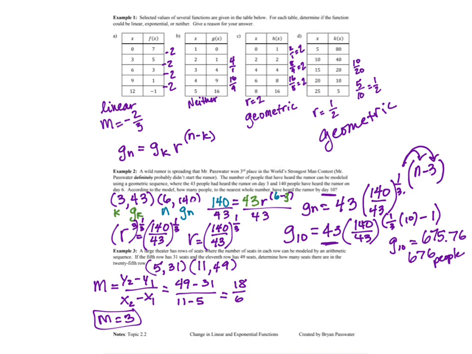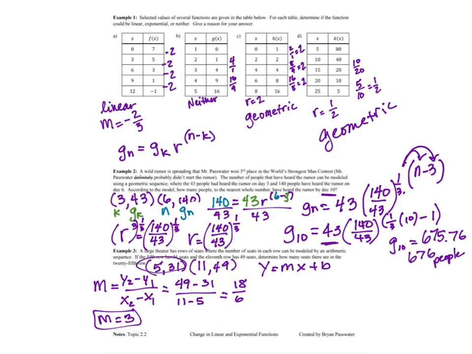Slope intercept. All right. So we got y equals mx plus b. What is your favorite point, Ruth? You have 2 points to choose from, 5, 31 or 11, 49. You want 5 and 31? Okay, she picked 5 and 31.